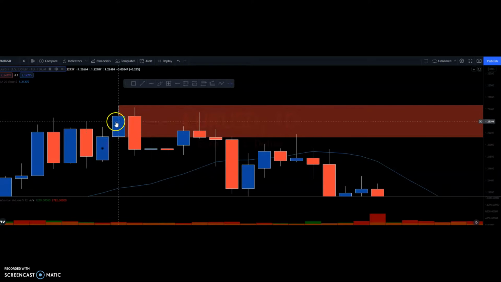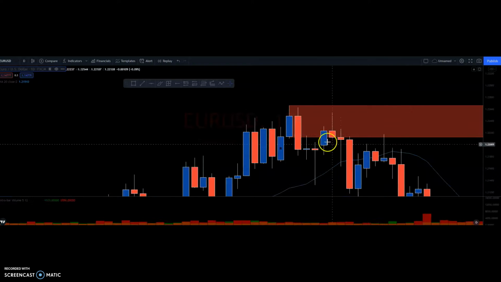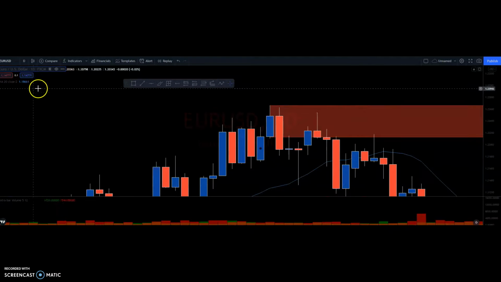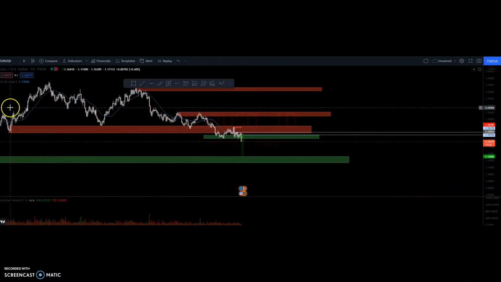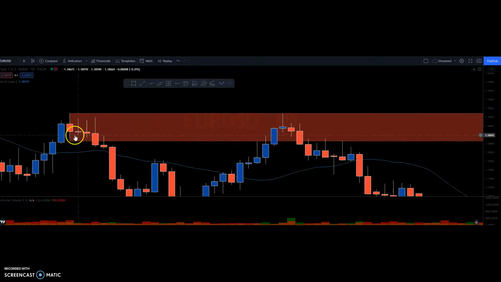So I made that a zone on a daily, and it retested it, tapped it again, and then came back down. And then the next zone was right here, came out of it, retested, and came back down.